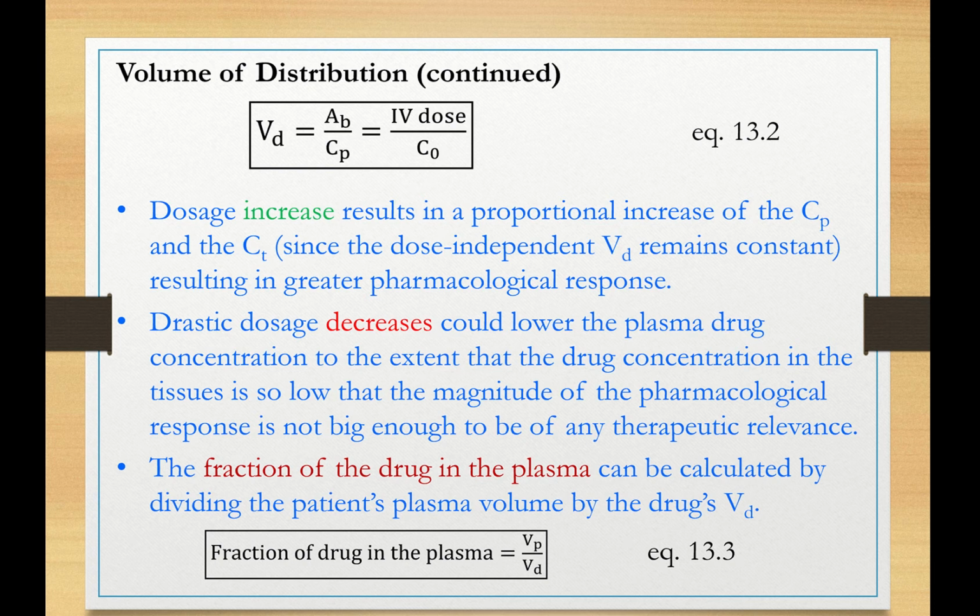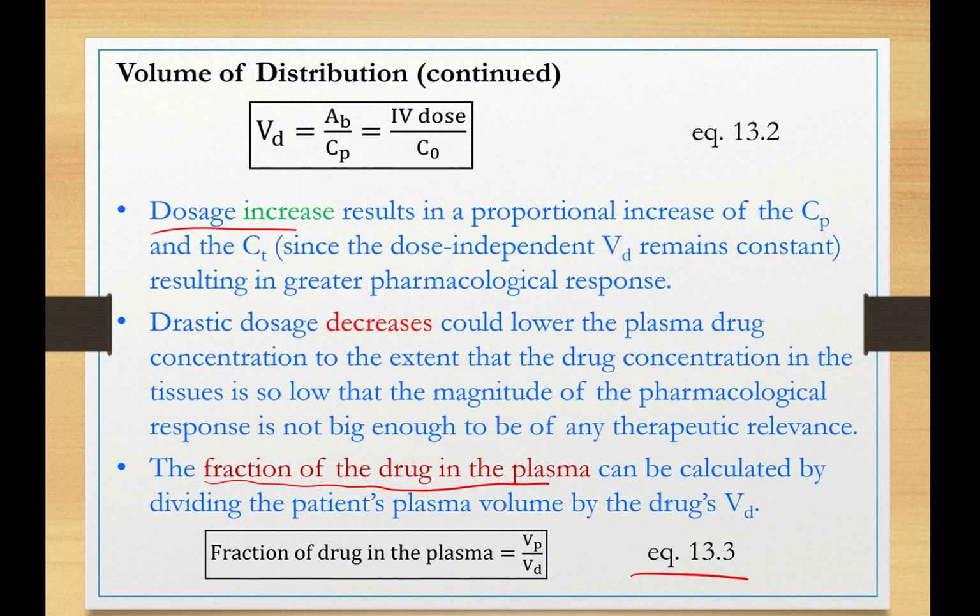So dosage increase results in proportional increase of the CP and the CT. We know that. Okay. Now the way to calculate the fraction of the drug in the plasma is using equation 13.3. And that can be done by dividing the patient's plasma volume by the drug's VD, as you can see there.